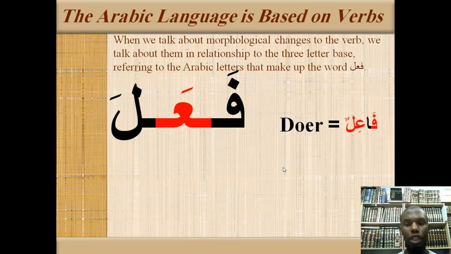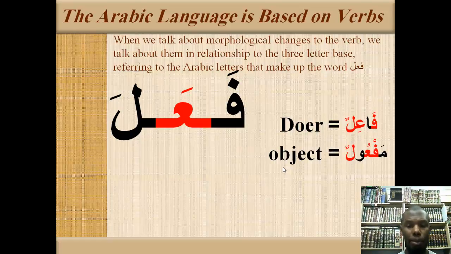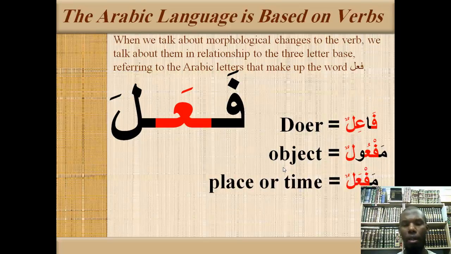We want to look at the doer form, one who does the action of the verb; the object form, which is the one who receives the action of the verb; the place or time, which tells us the time or the place when the action of the verb happened; and we want to look at the noun form of the verb.